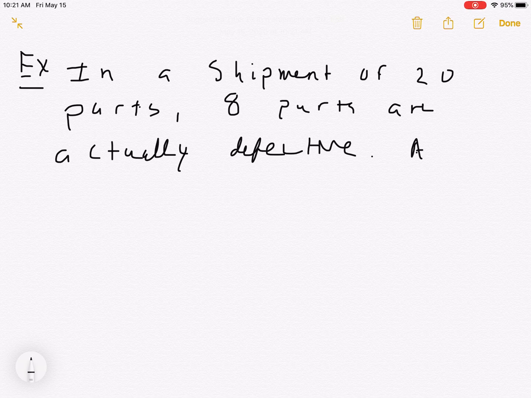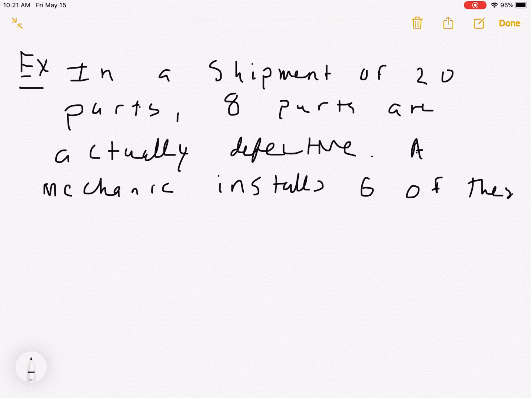A mechanic installs 6 of these parts. And it's not marked, hey, this is a defective part. They look identical, so they're indistinguishable from the population. And he installs 6 of these parts.